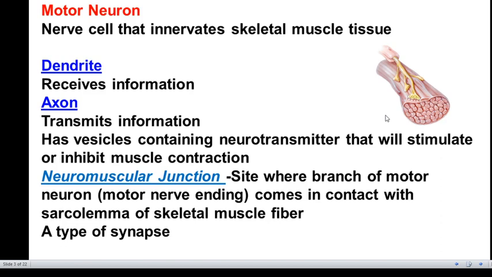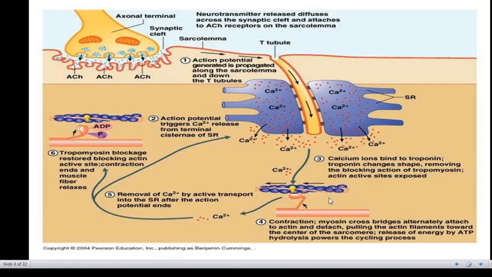The transmitter substance carries the information received by the axon. At the neuromuscular site, the branch of a motor neuron comes in contact with the sarcolemma of the skeletal muscle fiber, a type of synapse. The synaptic cleft, sarcolemma, T-tubules.